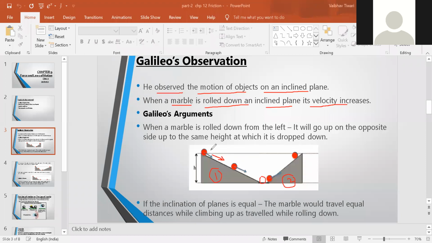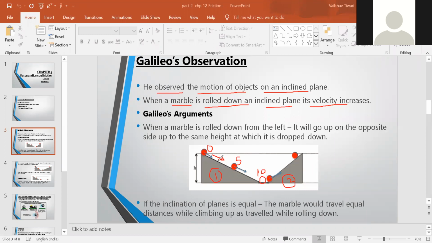We can say that suppose when he left, the speed was 0, then somewhere in between the speed became 5, and finally at the bottom the speed became 10. Let us take these values. Okay, right? Then he placed one more plane in front of it.